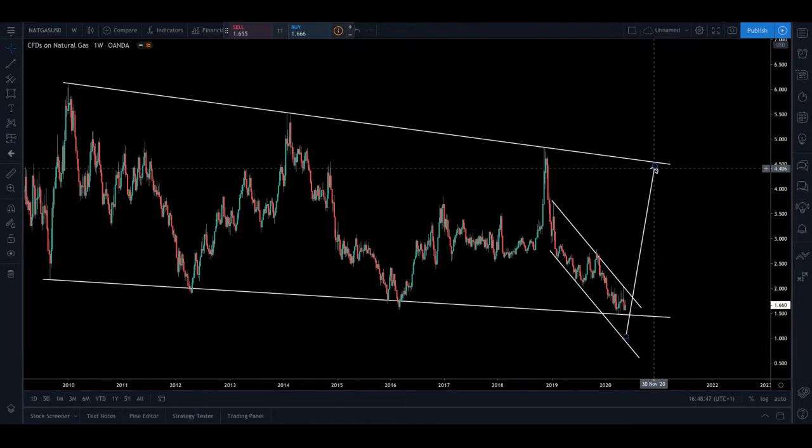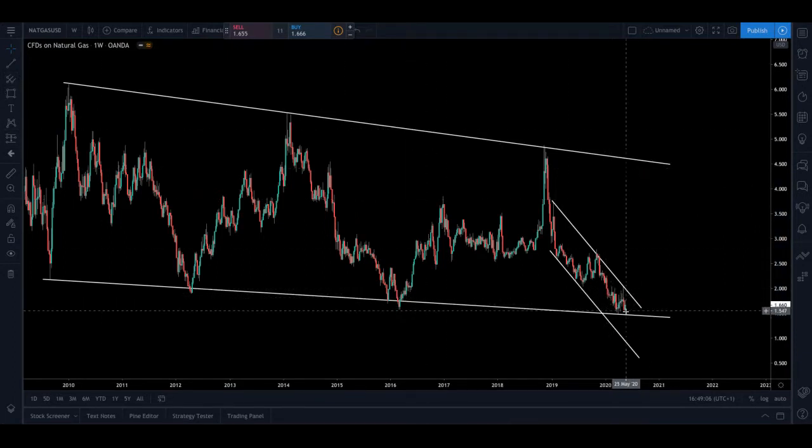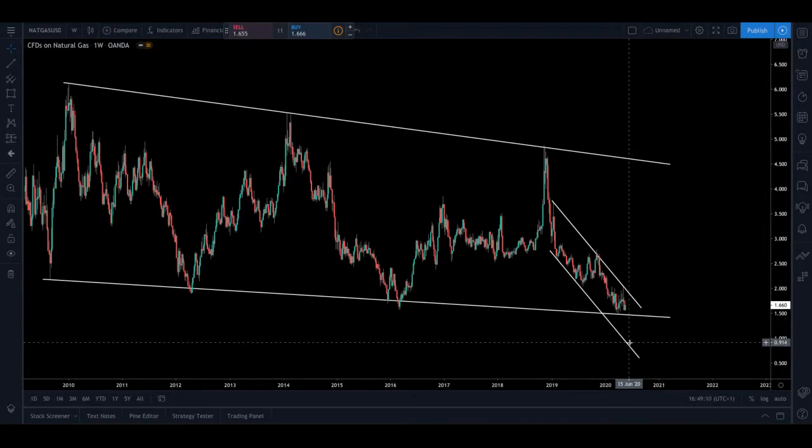So more than a decade, this support has been holding. A break of this would mean very bearish connotations. But I don't think that this support will be broken even to touch this short-term channel bottom, but I wouldn't be surprised if it did.